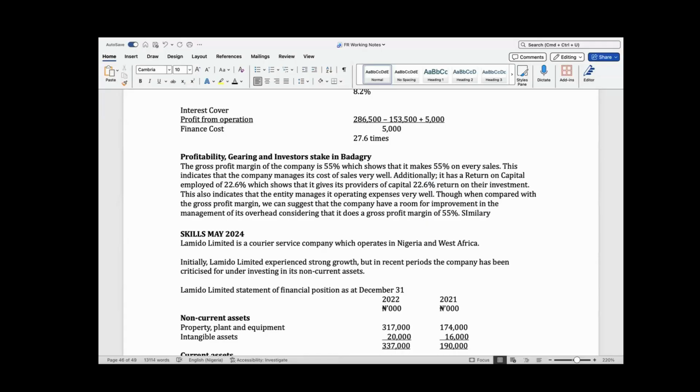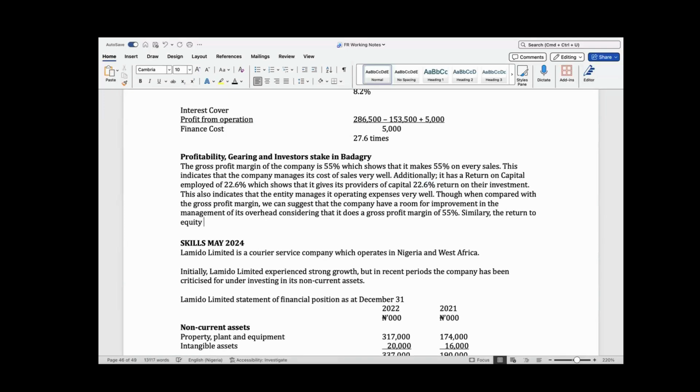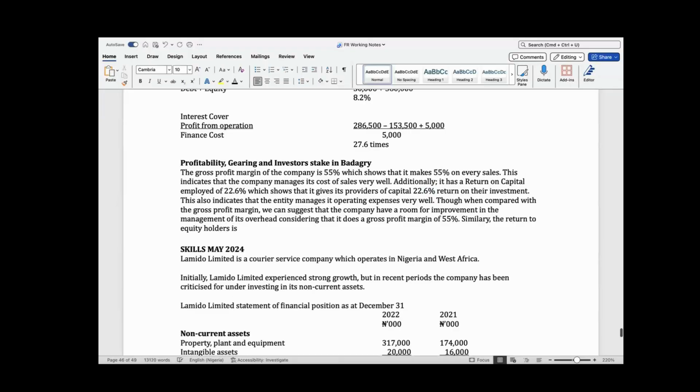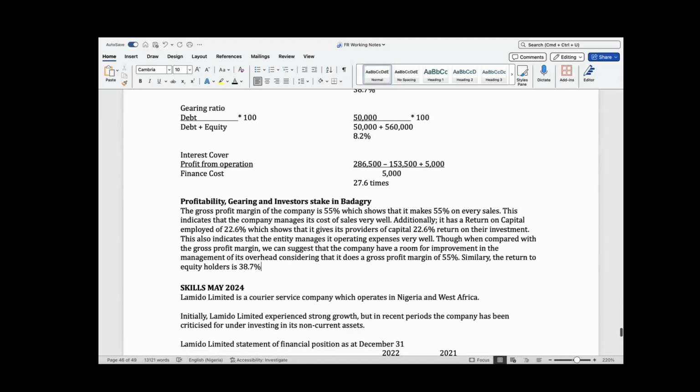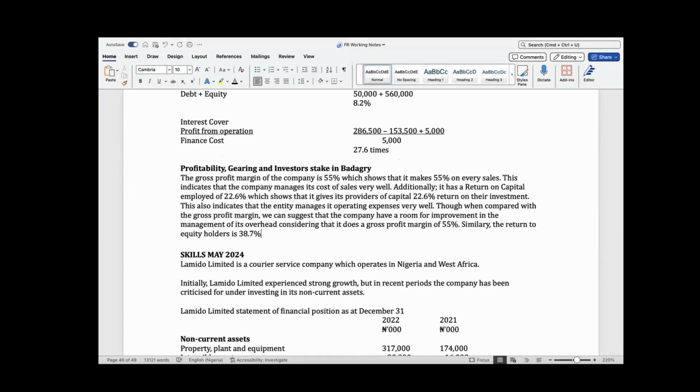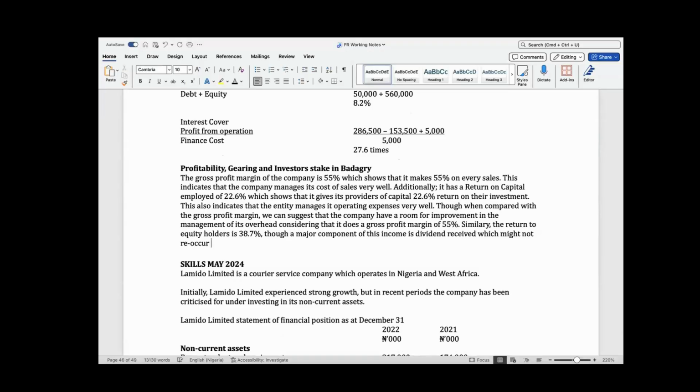Similarly, the return to equity holders is 38.7%, though a major component of this income is dividend received, which might not reoccur in future periods.